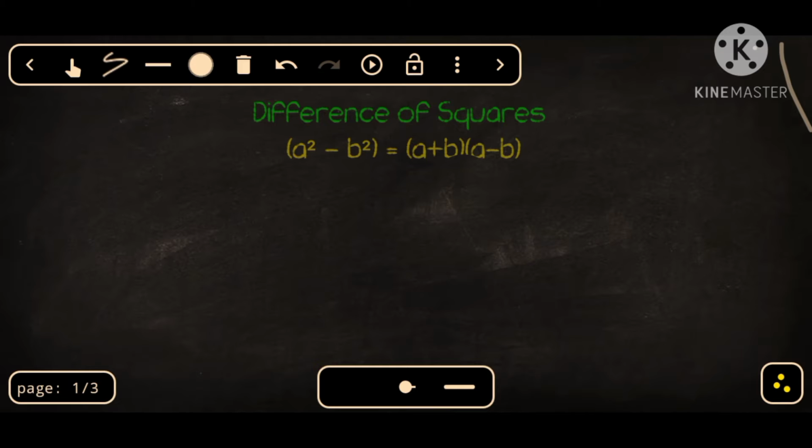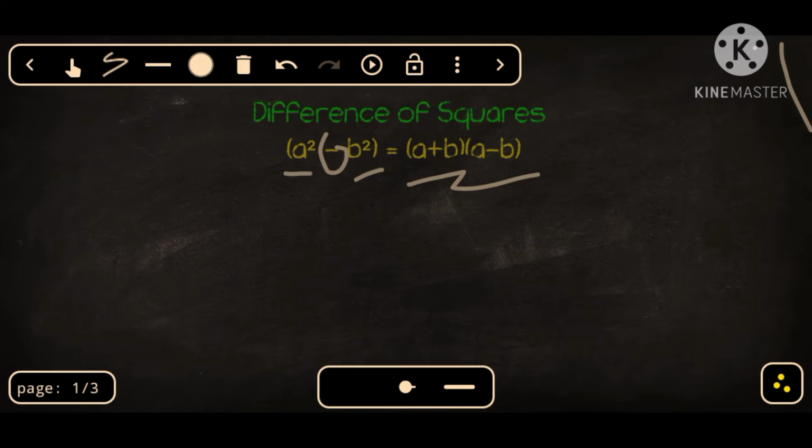So if our polynomial is a binomial, and the operation is subtraction, and the first term and the second term are raised to 2 or squared, then the factor would be a plus b times a minus b.